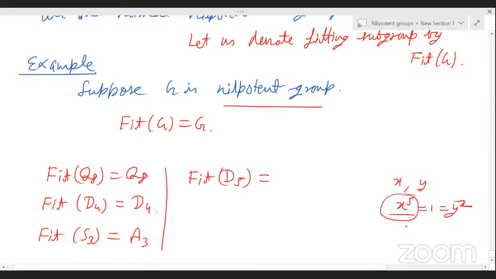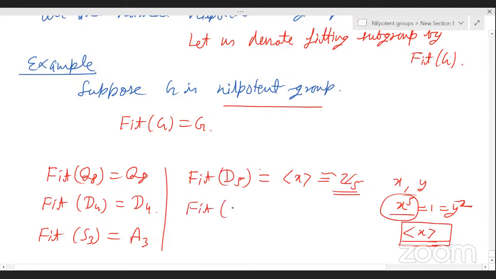So the subgroup generated by X will be its largest normal nilpotent subgroup. So the Fitting subgroup of D5 is actually the subgroup generated by X, and this is isomorphic to Z5, the cyclic group of order 5.